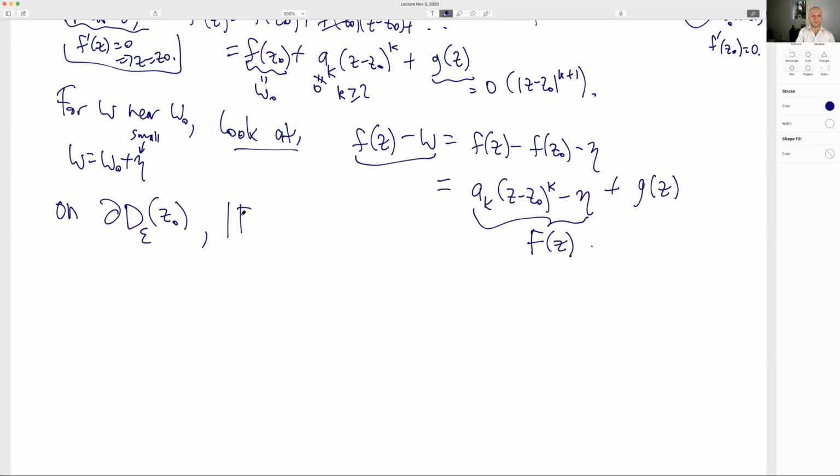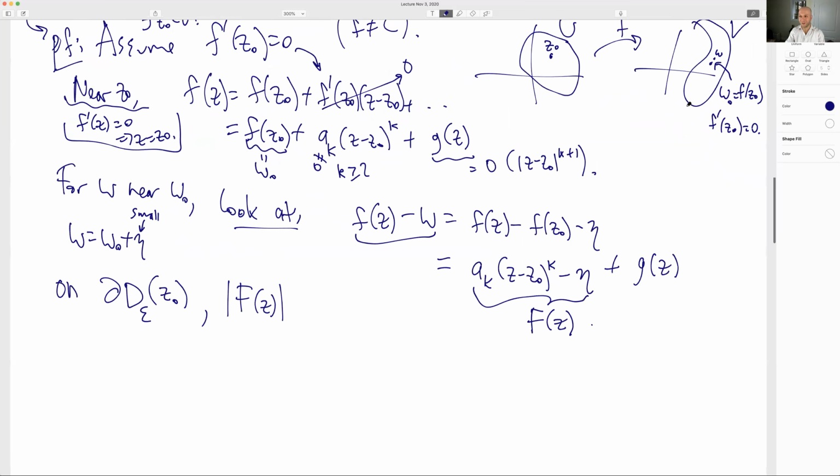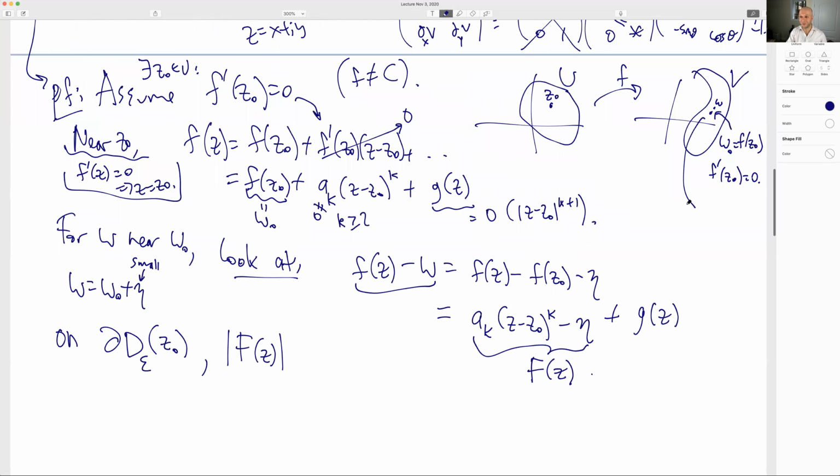I claim that f of z on this boundary, so I need my picture again. I'm going to zoom in on this picture. Here's W0. There's some disk of radius epsilon about Z0.